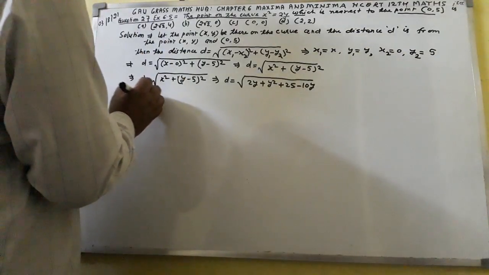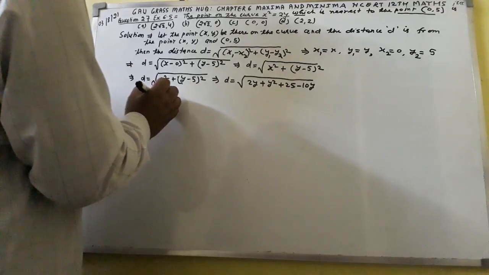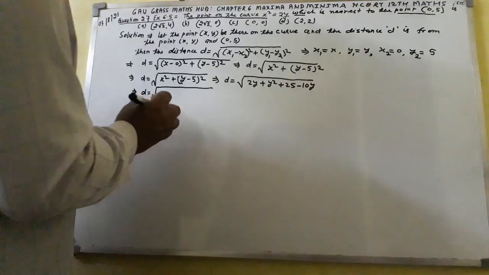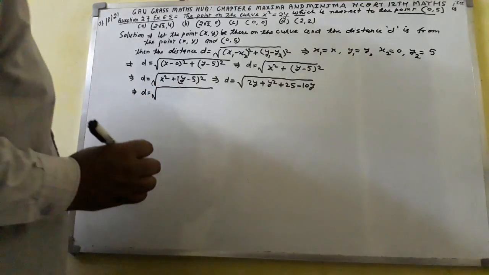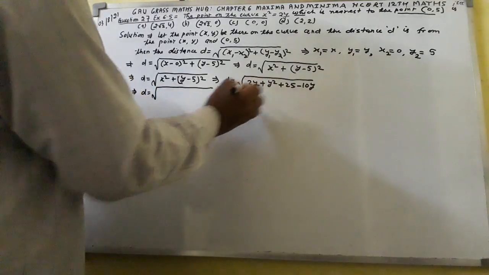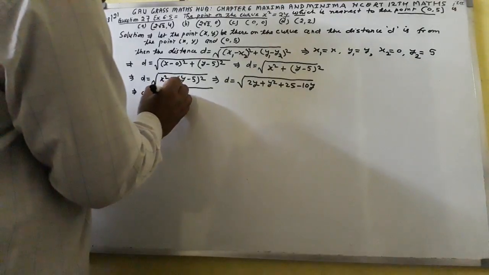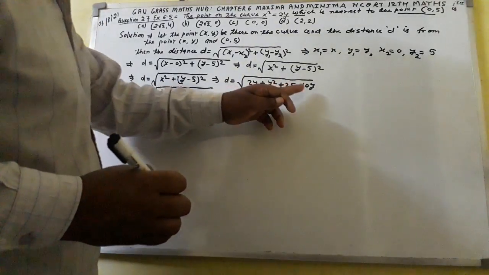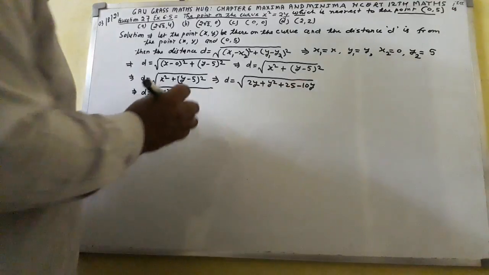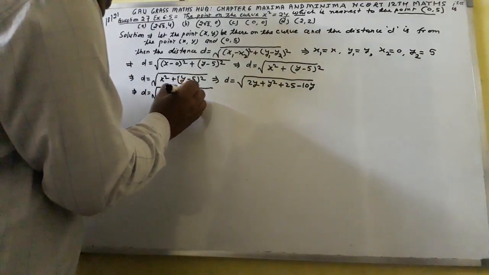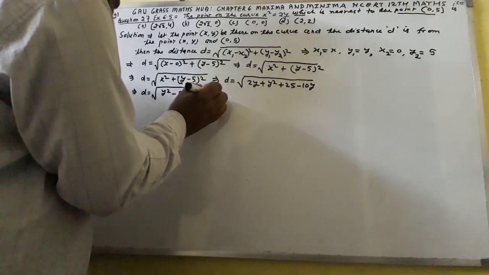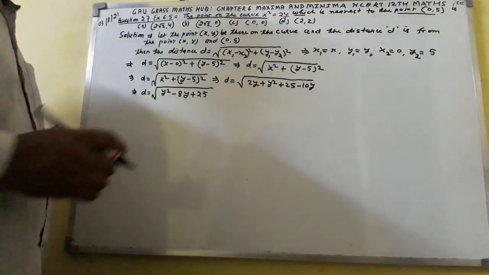Implies that d is equal to under root y square here plus 2y minus 10y comes out to be minus 8y plus 25 will get. This thing we have got.